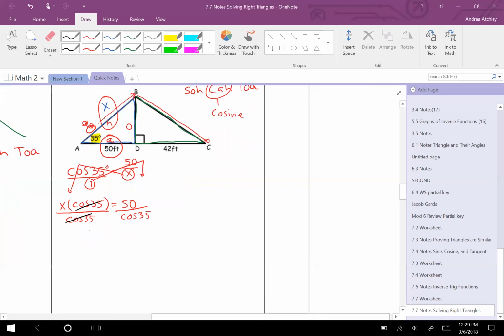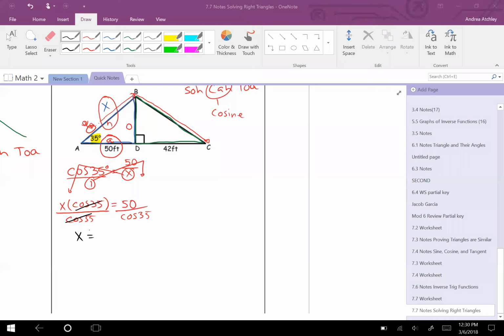This will cancel out. So x is about 61.0, right? And these are feet. Any questions? So I have part of the way that I'm traveling in my raft. We need to find the other part. Any ideas on how I can find the other part? Find BC.